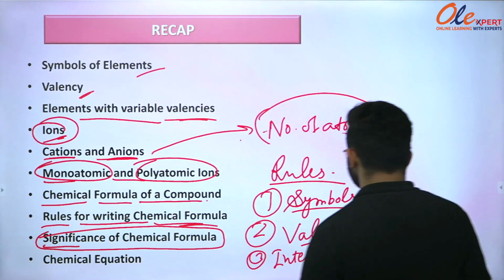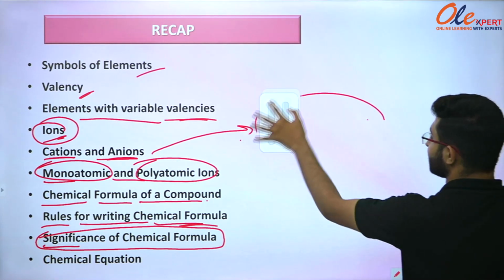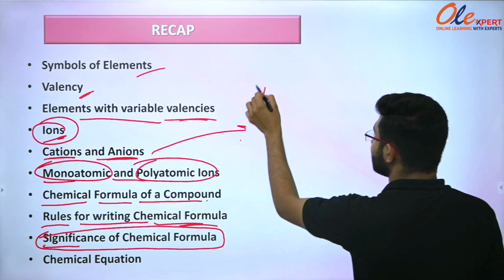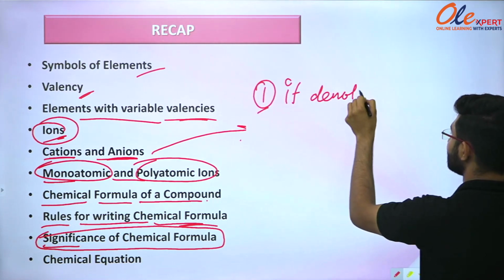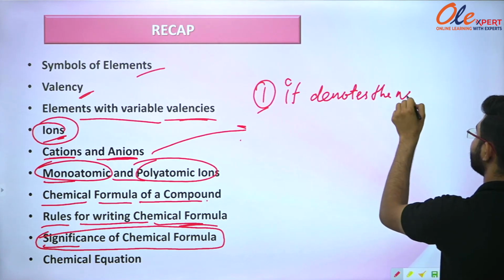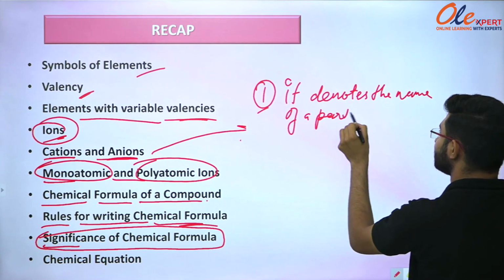What is the importance of writing down the chemical formula or having a chemical formula of a compound? The first thing is that it denotes the name of a particular compound.